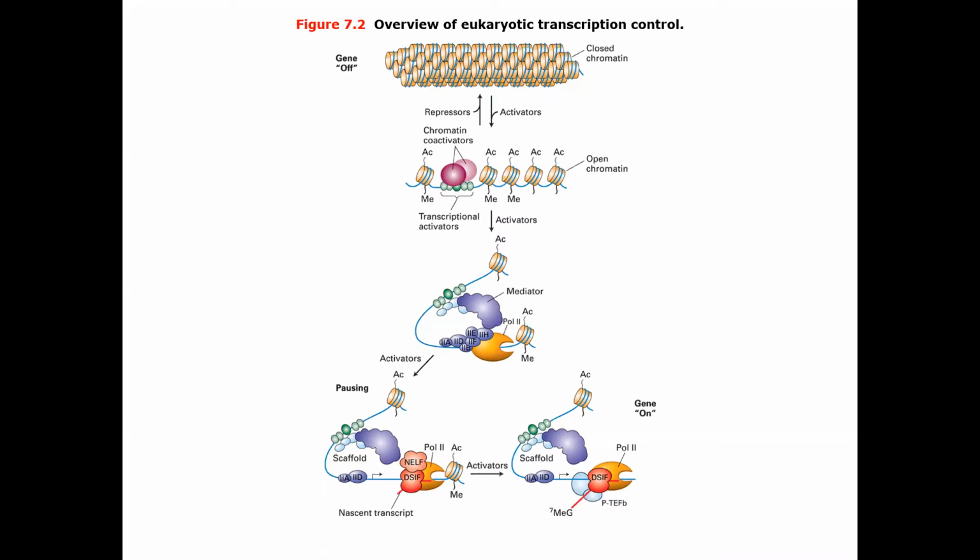Then there is a ginormous complex called the mediator complex, which plays a very critical role in transcriptional regulation. And then there are tissue-specific transcription factors, or situation-specific transcription factors. So all of these are involved.